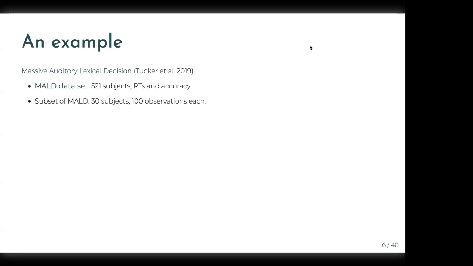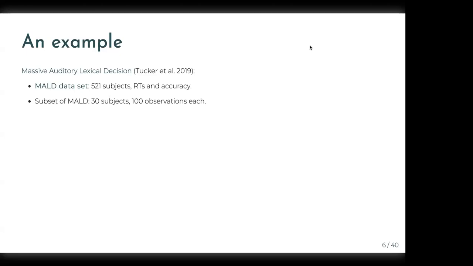It's a lexical decision task, so they have reaction times and accuracy, whether the participant has correctly identified a word as a real word or a nonce word. But since it's so big, I decided to just give you a subset of the entire data set.